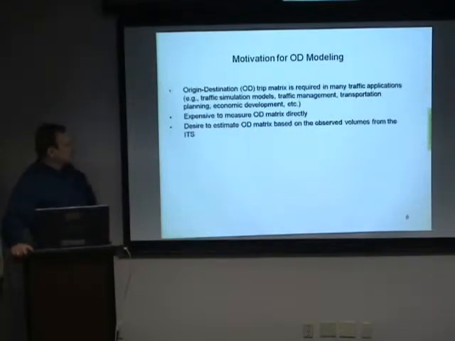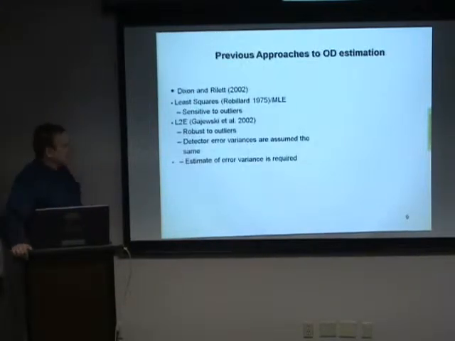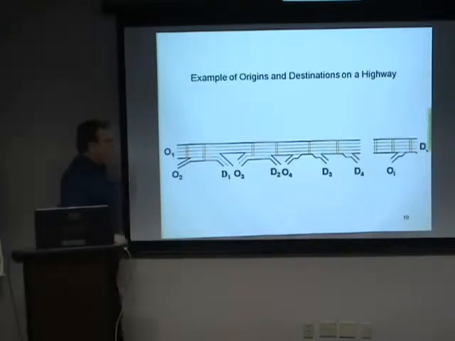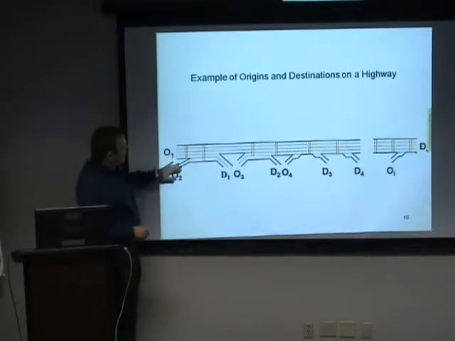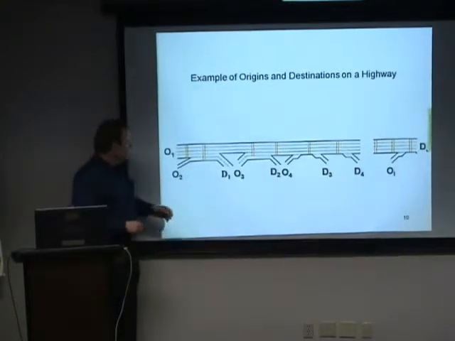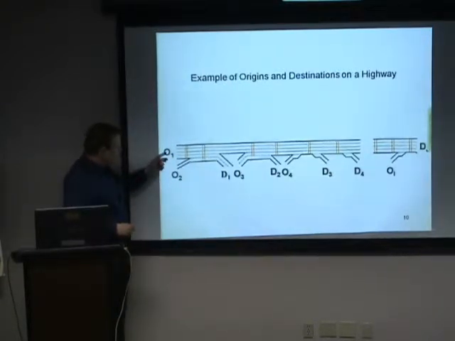It's expensive to measure the ODs directly, so they estimate it. And here are some references. Least squares is often used, sometimes with what's called a gravity constraint, because there aren't enough observations to estimate anything. What do you actually estimate? Here is, say, a route, and you know how many people get on here.